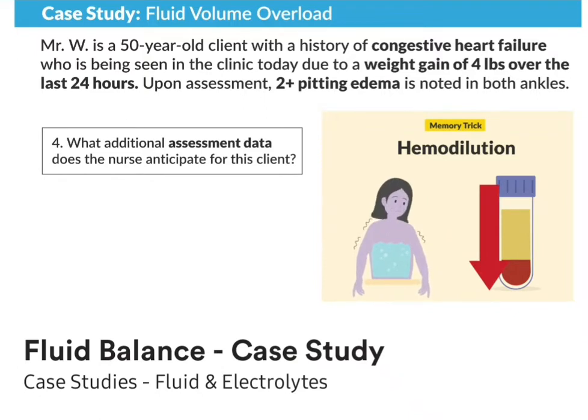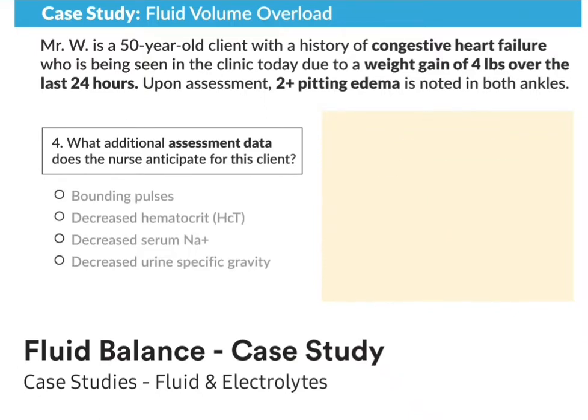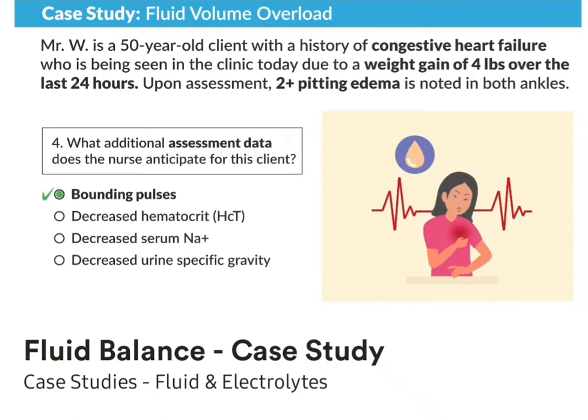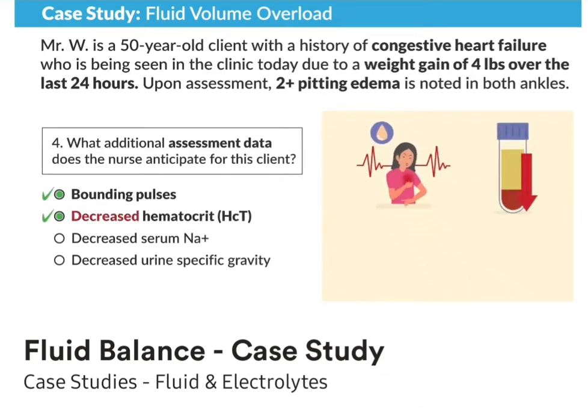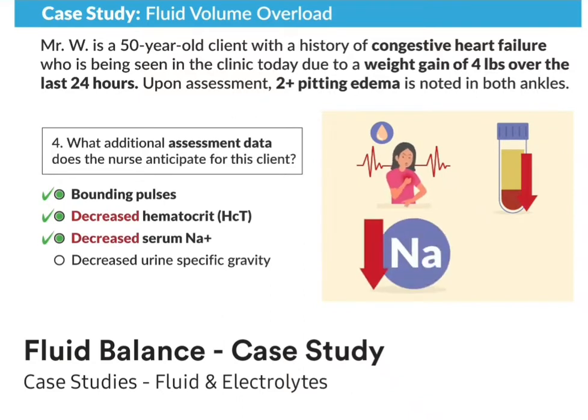Very low labs. Okay, now looking at our answers here. Bounding pulses, which we would expect from a lot of fluid, and decreased labs. So decreased hematocrit, decreased serum sodium levels, as well as decreased urine-specific gravity. So once again, when labs are low, the body is liquidy, a very dilute body here.